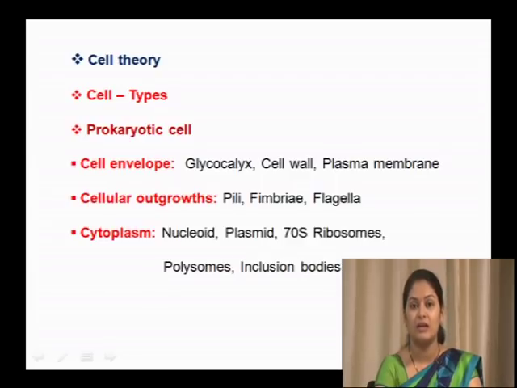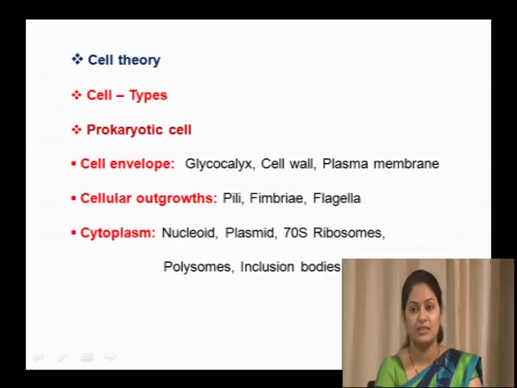Pilin is encoded by genes present on the plasmid DNA, whereas fimbriae are made up of a protein called fimbrilin, and their genes are present on the DNA of the nucleoid. And third comes the flagella. Flagella are motile structures, or structures helping in motility, and they are much longer or larger when compared to pili and fimbriae.